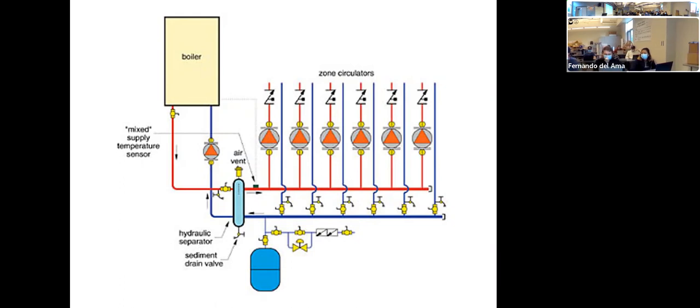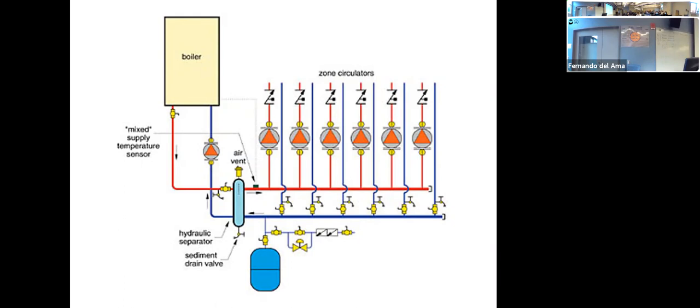And those are circulation pumps. So every time we have a circle with a triangle on it, this is a circulation pump. In a single family house, we don't have this, because probably how many circuits do we have in a single family house? 2.